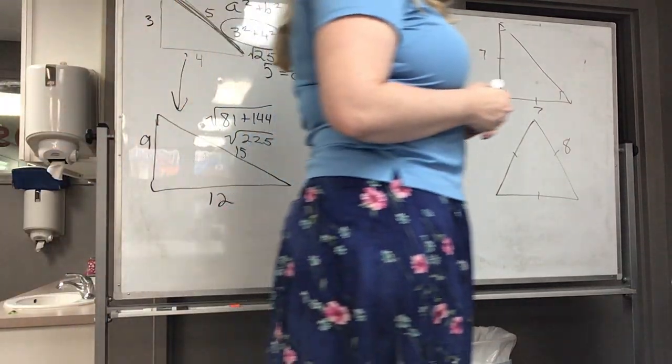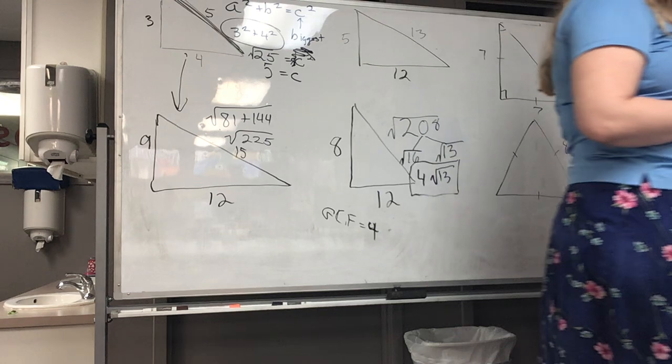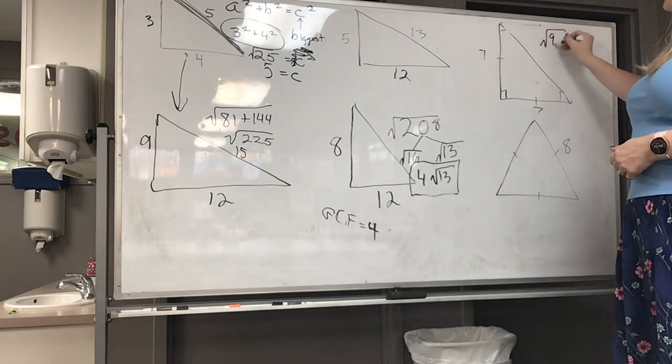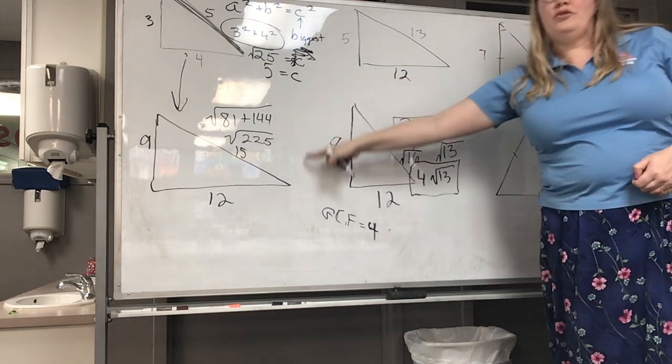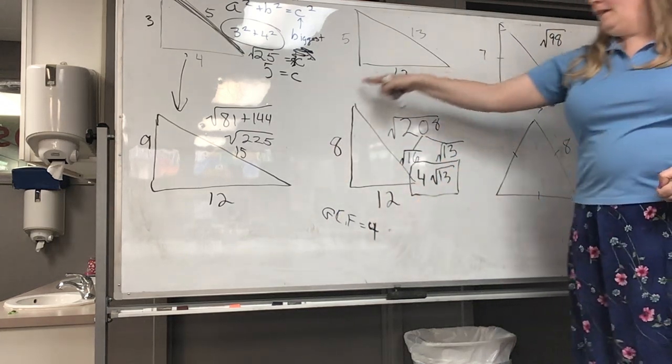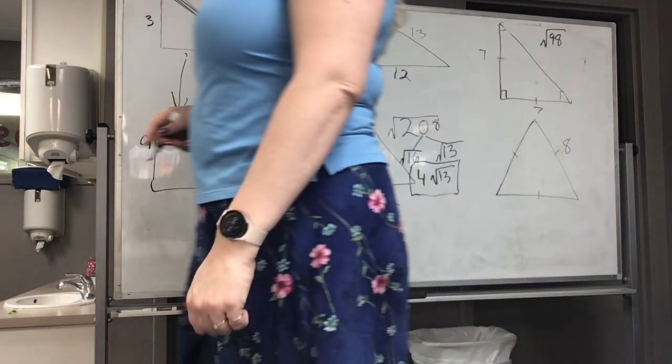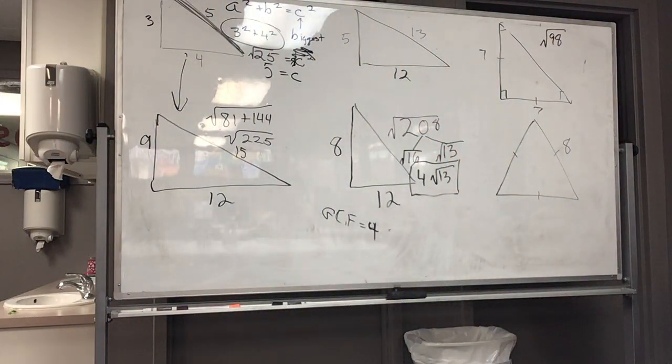My mental math being right, I'm getting the square root of 98. Is that right? Okay. But remember what I showed you back here. What's the greatest common factor between 7 and 7? 7. There's the same number.